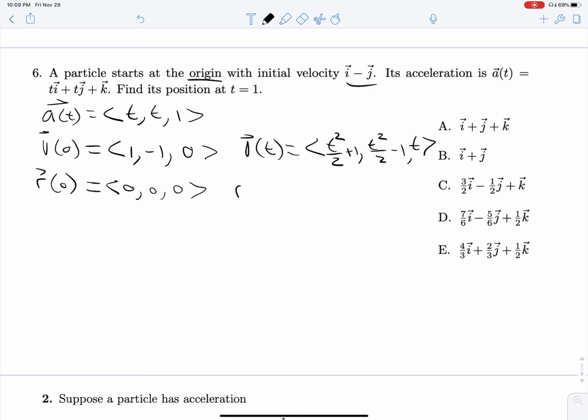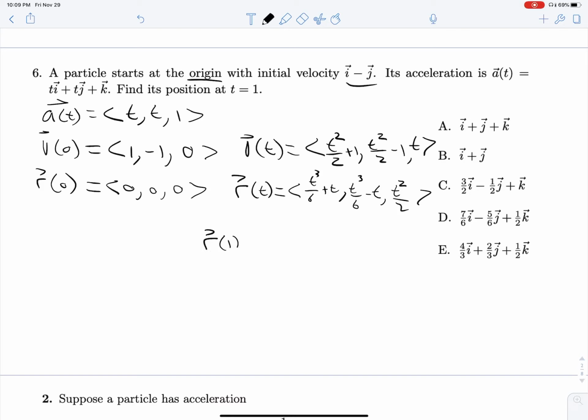So then integrating one more time, r of t, we're going to get t to the third over 6 plus t, comma, t to the third over 6 minus t, comma, t squared over 2. And we don't need to add any constants because we are starting at the origin. And then finally, we are finding our position at t equals 1.